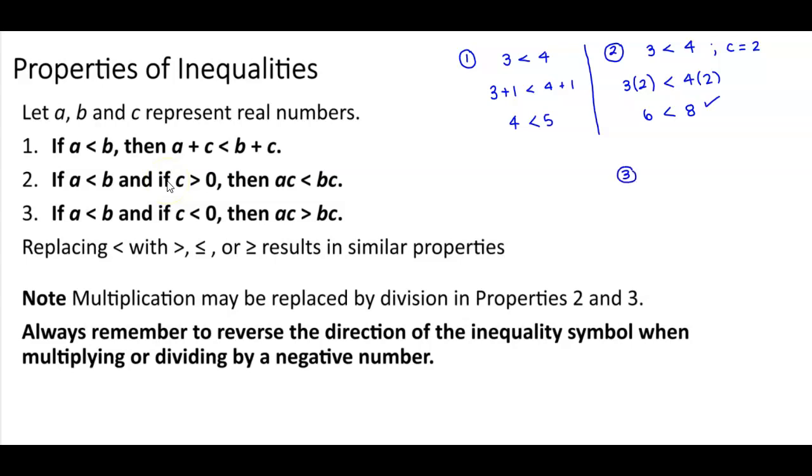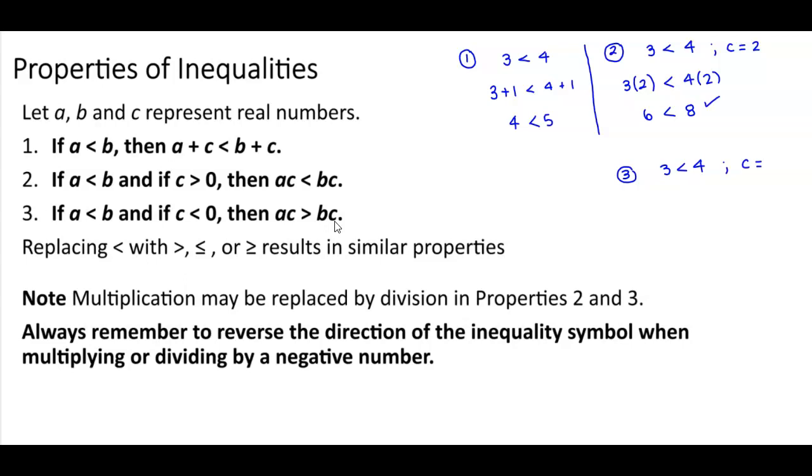Okay, property number 3. It says if A is less than B, and if C is less than 0, meaning that it's a negative number, then A times C is greater than B times C. Okay, so let's take a look here. So we know that 3, again, is less than 4. Now let's let C be less than 0, which means it's going to be a negative number.